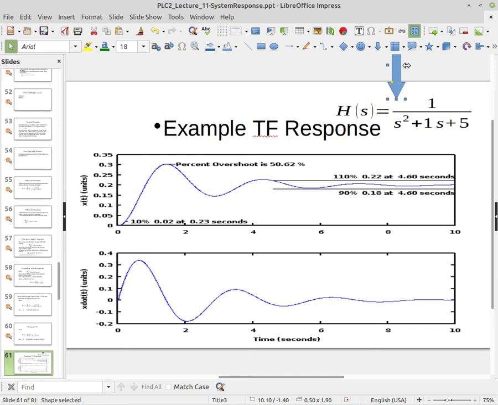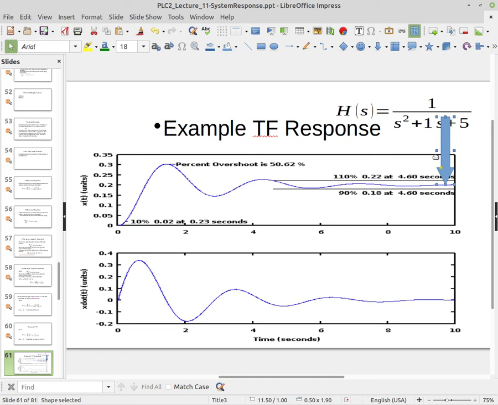So if you let s go to 0, then you end up with 1 divided by 5, which is 0.2. So the steady state value of this to a unit step response of 1 is going to be 0.2.